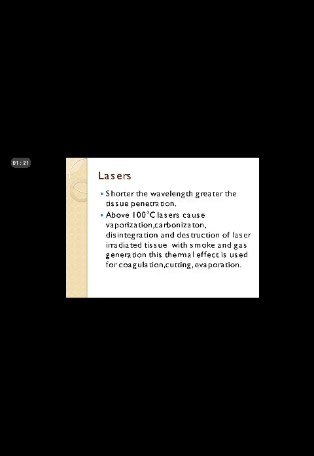Shorter the wavelength, greater the tissue penetration, and above 100 degrees Celsius, lasers cause vaporization, carbonization, disintegration, and destruction of laser-irradiated tissue with smoke and gas generation. Its thermal effects can be used for coagulation, cutting, and evaporation.